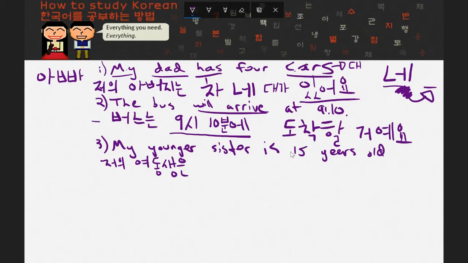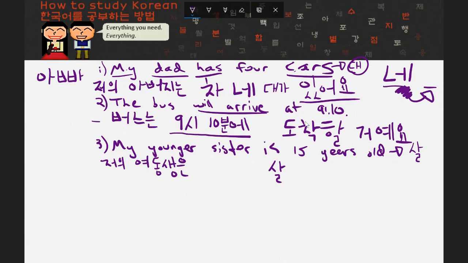Now, I want to indicate, very similar to the first sentence, when I was counting cars, I had to use the counter day. In this case, anytime I want to count years of age, I want to use the counter 살.